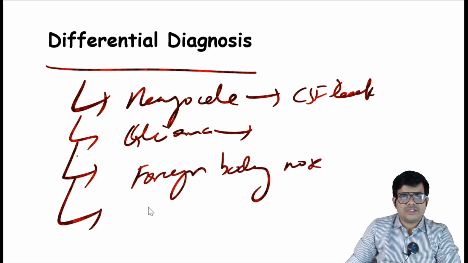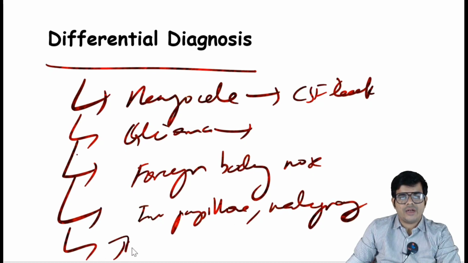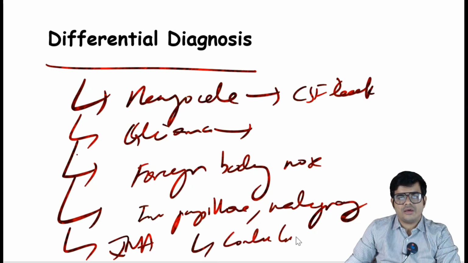Then in adults, what else you have to think about? In adults, you have to think about inverted papilloma, malignancy, JNA in adolescents. Then you have to think about concha bullosa, inferior turbinate hypertrophy, right?